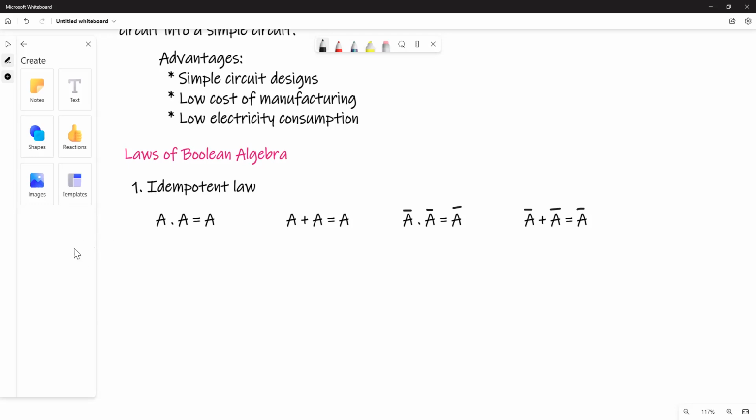Right. If you want, you can simply write a truth table. For example, we can have A, then we can have A dot A, which will be similar, isn't it?